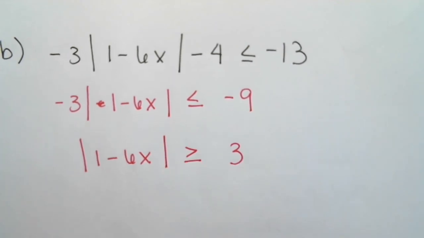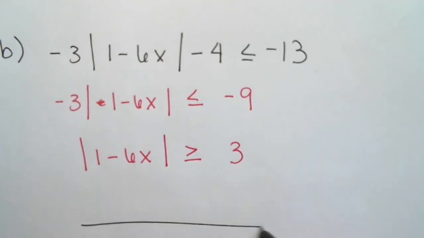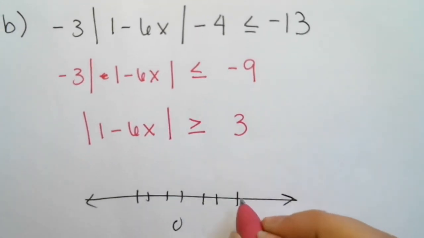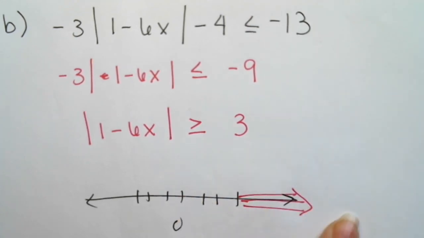Now I'm going to think about the fact that I have this being greater than 3. So if I look at the number line and my distance is greater than 3, I'm thinking about these numbers out here that are further away than 3, or these numbers out here that are further away than 3.